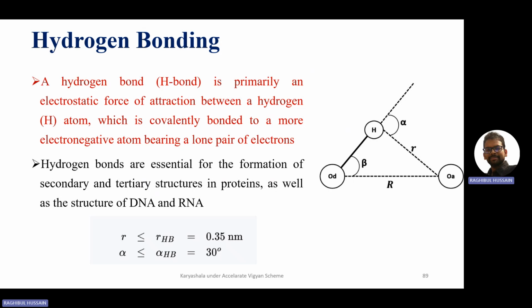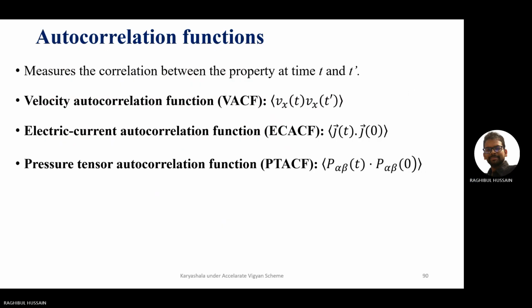Generally, if any non-bonded interaction involving the hydrogen comes within 0.35 nanometer, it comes under the hydrogen bonding interaction. And there is also one more thing, that is the angle should be less than 30. That is the general consideration for the hydrogen bonding.